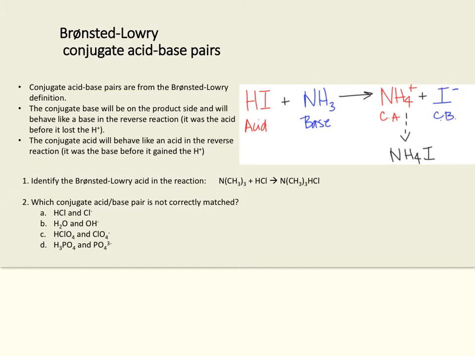And so if we look at the forward reaction, we get that HI is an acid and NH3 is a base. If we look at the reverse reaction, NH4 is donating the hydrogen ion to iodide to become NH3. And so this would be the conjugate acid, and this would be the conjugate base.